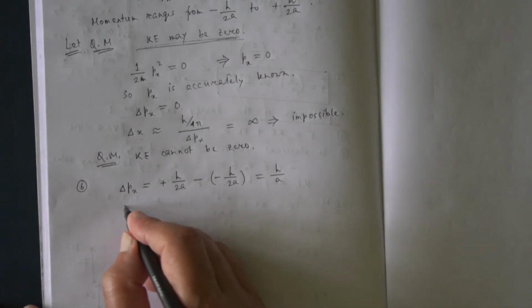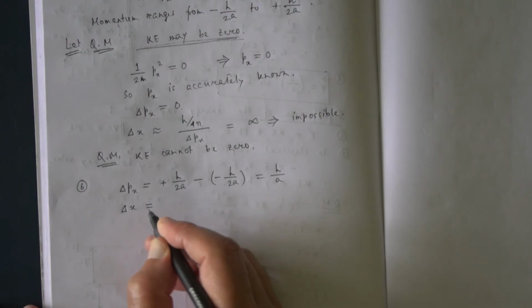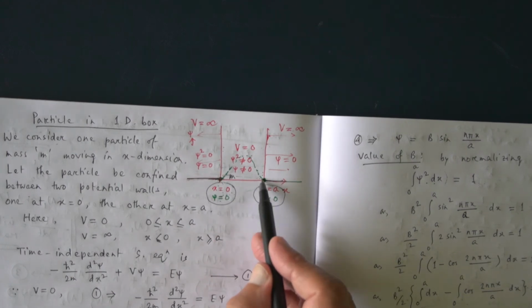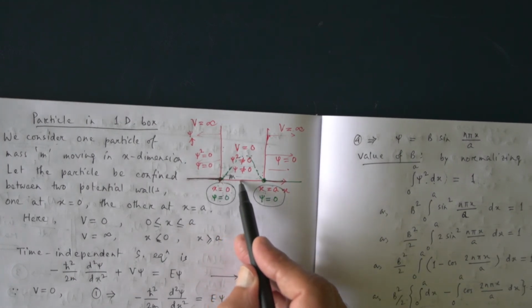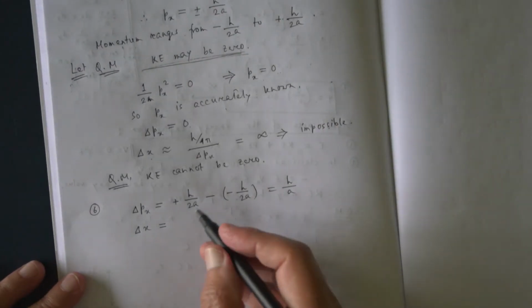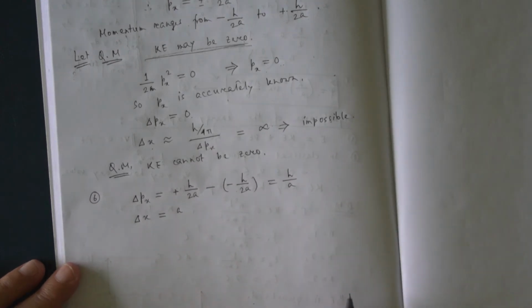Similarly, uncertainty in position. The particle is here within this range 0 to a. So any value is possible. So uncertainty in position is a.